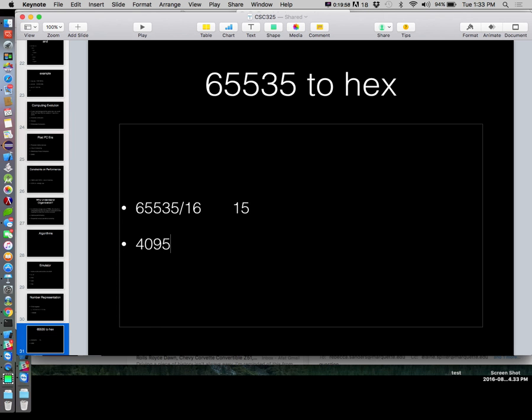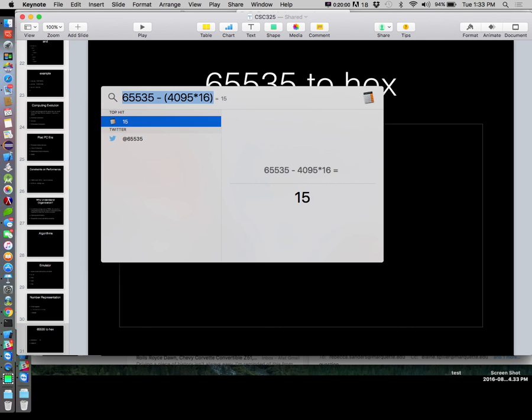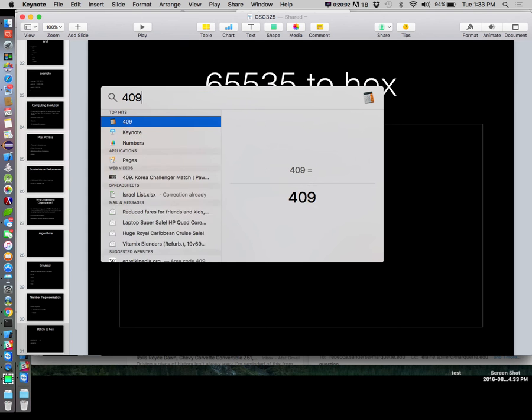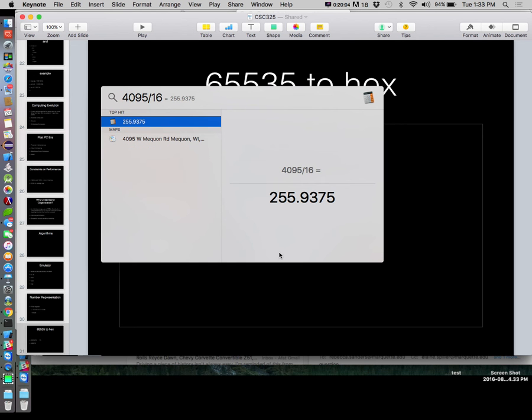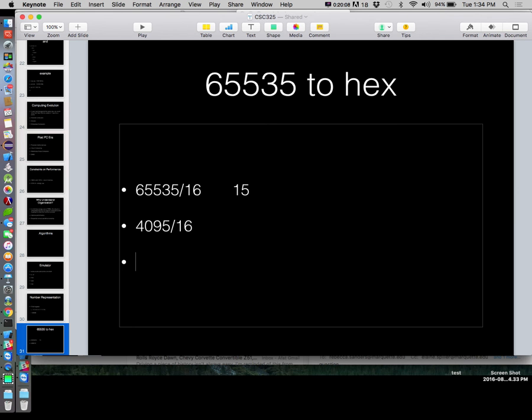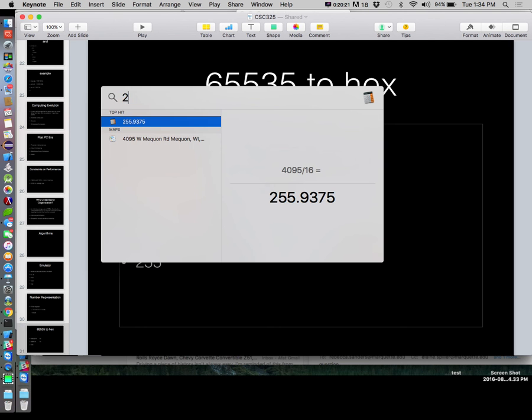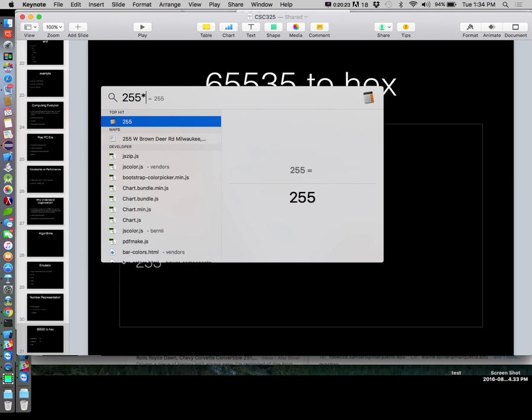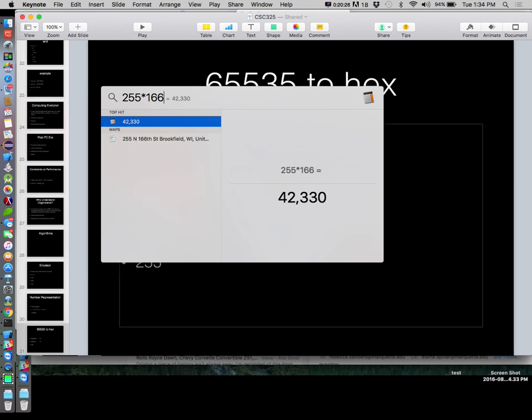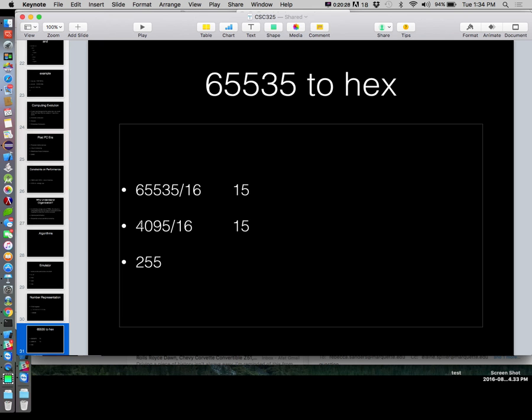Okay, then we'll divide this guy by 16. So 4095 divided by 16 is 255, almost 256. So that's 255. Remainder 15, because 255 times 16 is... that's not right.